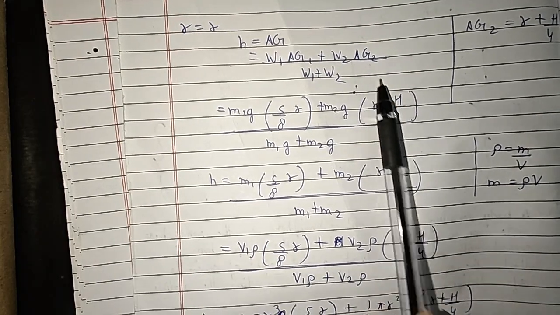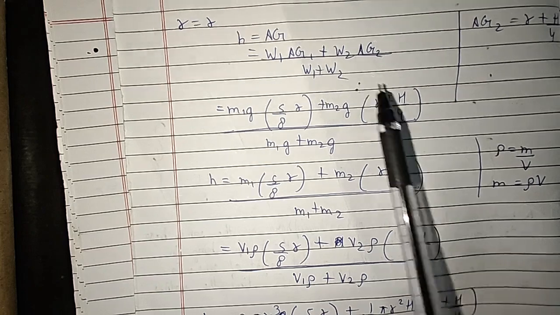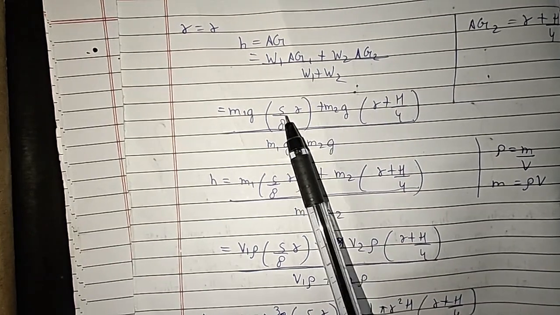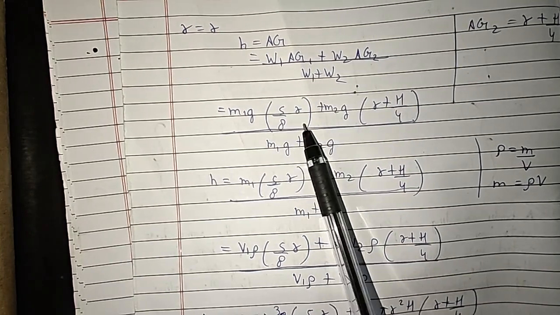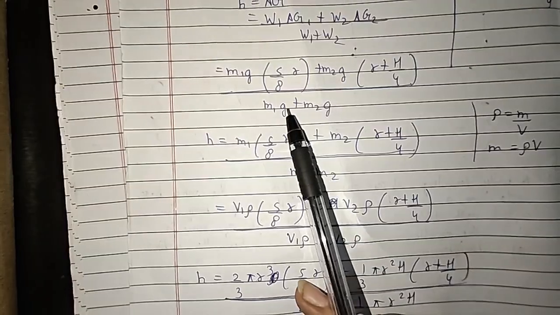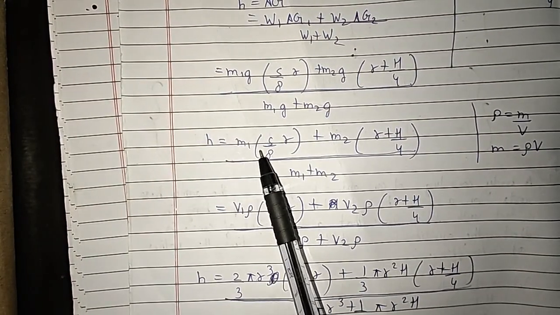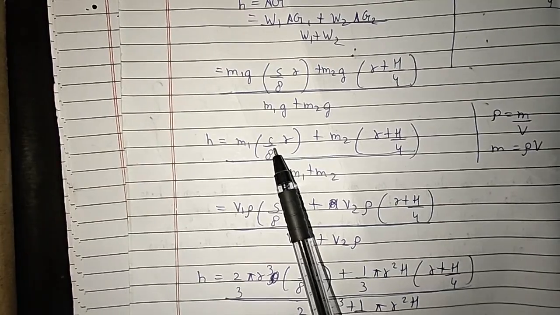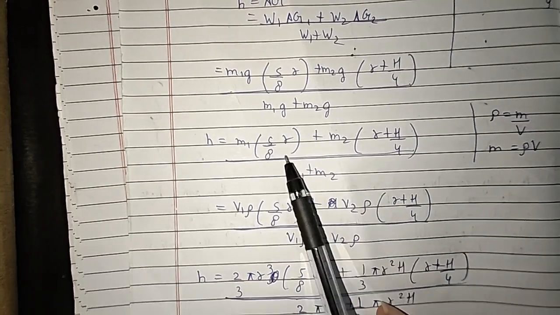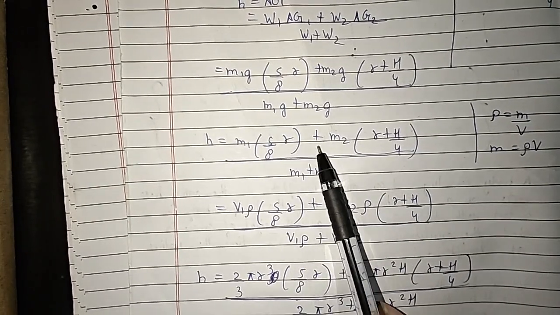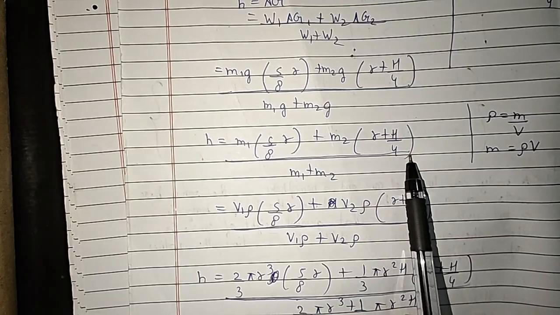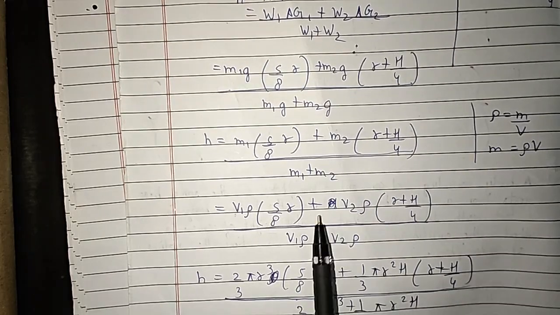The value of AG2 is r plus h upon 4, and AG1 is 5 by 8 r. Now we cancel out this g, so H will become (5 upon 8 r m1 plus m2 (r plus h upon 4)) upon (m1 plus m2).